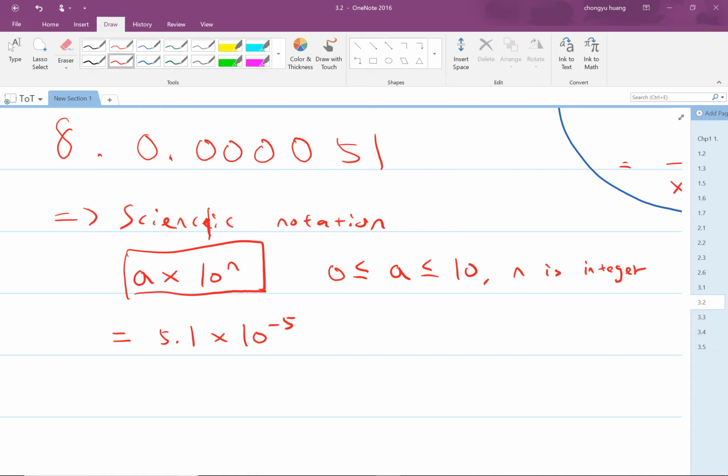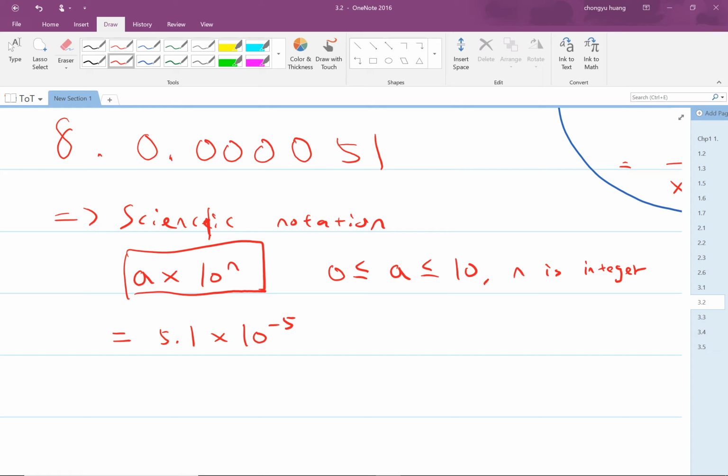It has to be bigger than or equal to 0, and less than or equal to 10. So right here we want to make it become 5, right? So you can see in this number we got 0.004051, right? So you want to make 5.